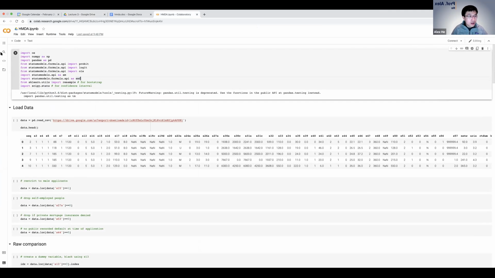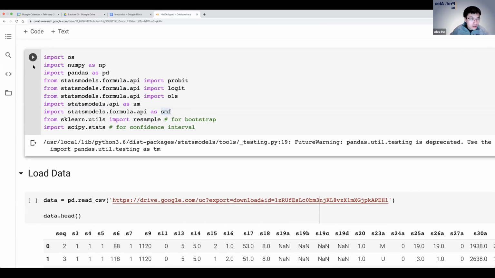So first, the usual stuff, we import a bunch of libraries that we're going to use, like NumPy, Pandas, and then the function for Logit and Probit, like these classification models. So there are actually two ways to do it. The first is using the statsmodels. So remember, that's the one we actually used for regression in the first lecture.